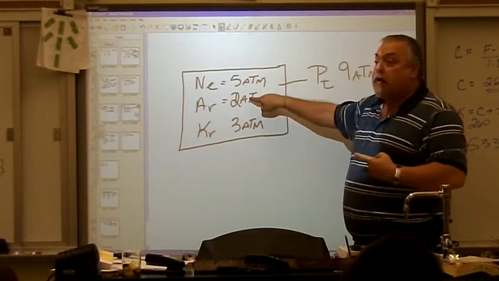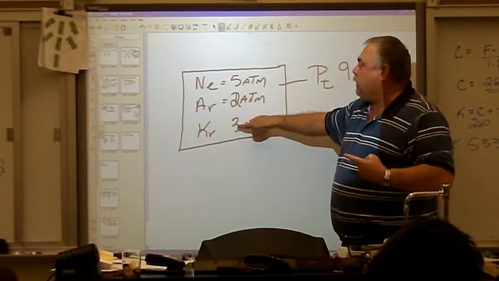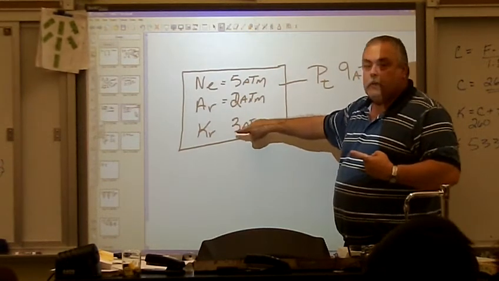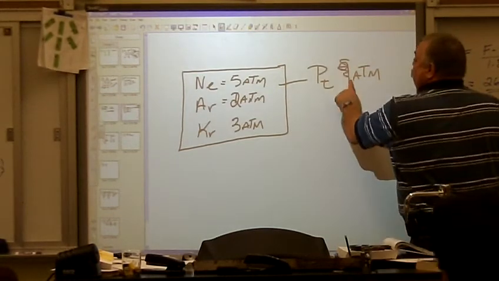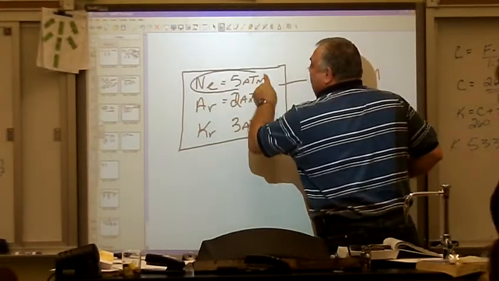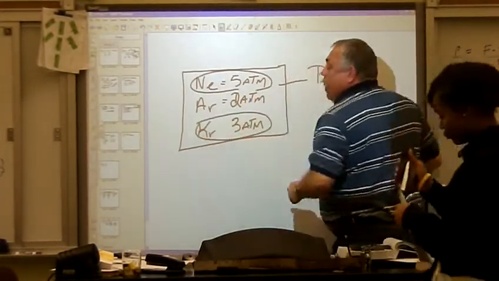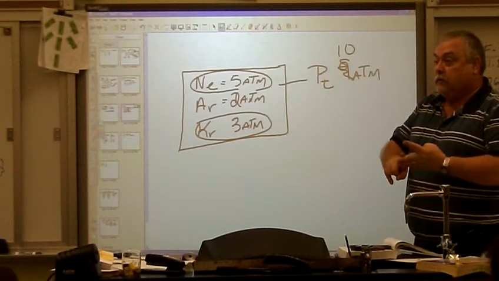So if I added more argon here, the pressure of argon would go up, but it wouldn't change anything in here or here. It would change the total pressure, because now the total pressure would be 10, but the pressure of each gas here is unaffected by the pressure caused by the argon gas.